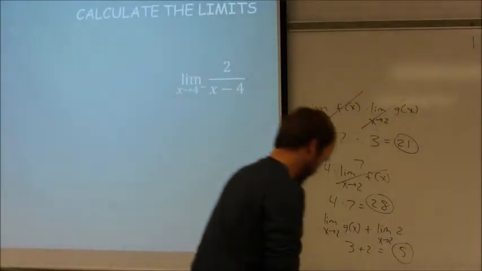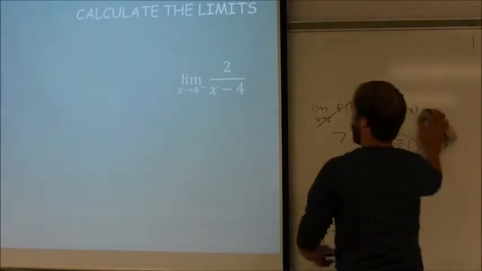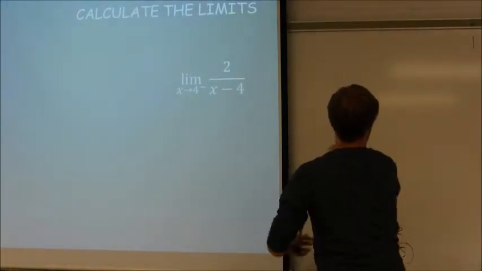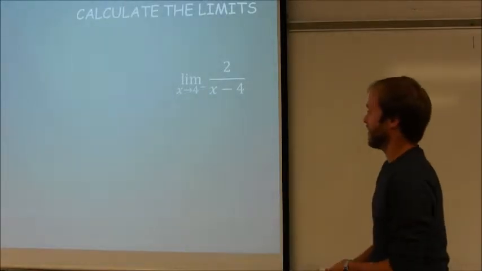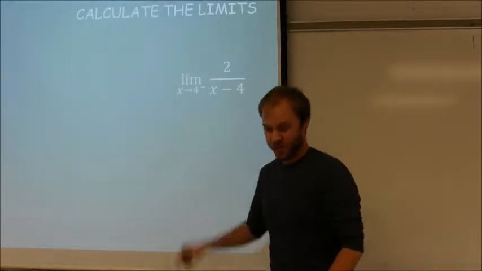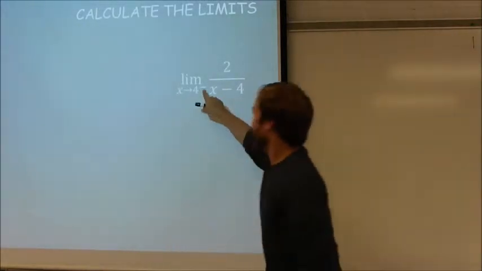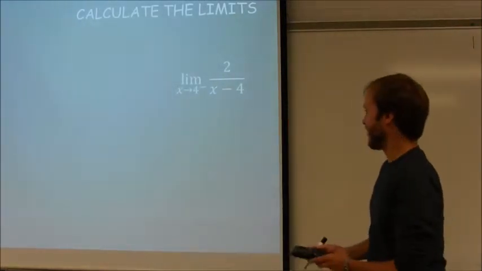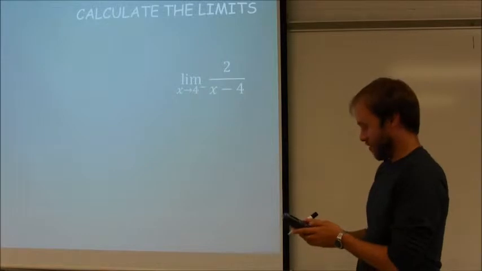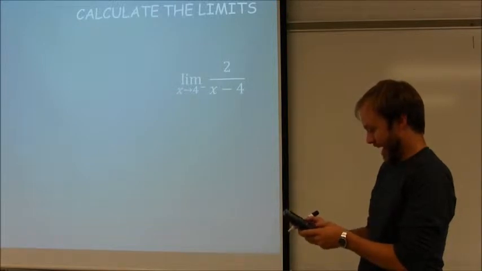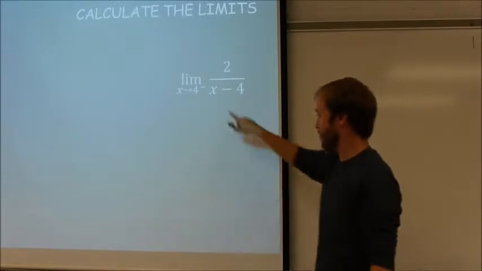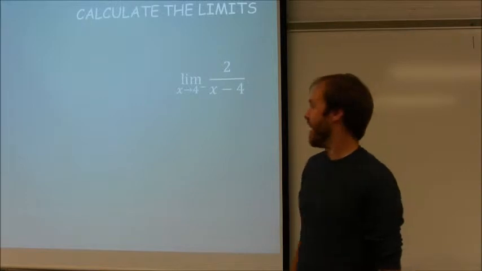Okay, next example, right and left-hand limits. In this case, the function is the limit as x approaches 4 from the left-hand side, okay, coming from the negative side of the graph of the function 2 over the quantity x minus 4. And if you notice, if you put 4 in here, you get a 0 denominator.